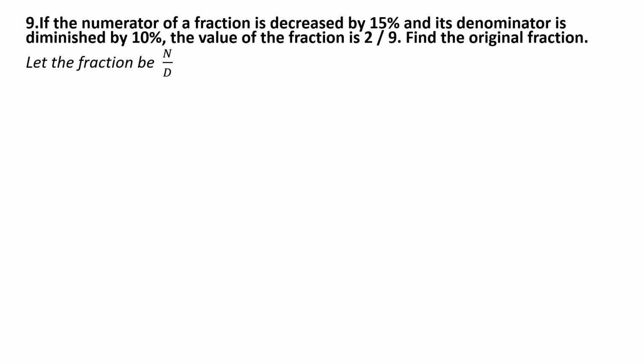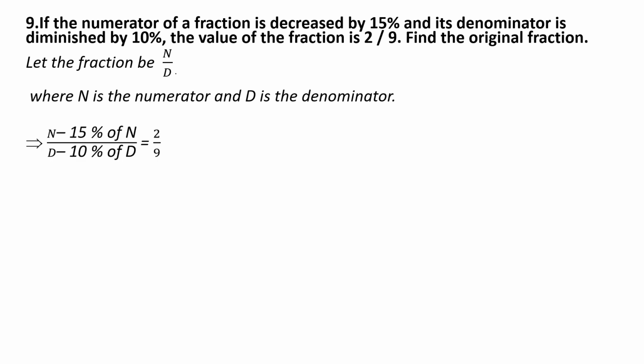The numerator is decreased by 15%, so n minus 15% of n. The denominator is diminished by 10%, so d minus 10% of d. This is equal to 2 by 9, which is the new fraction given in the question.